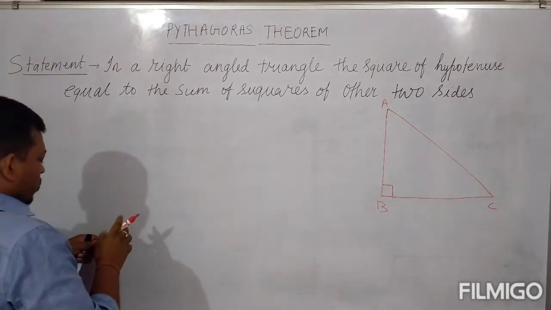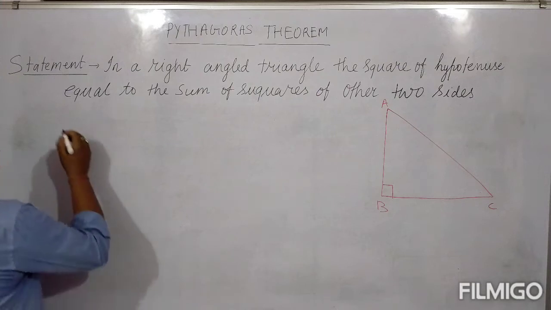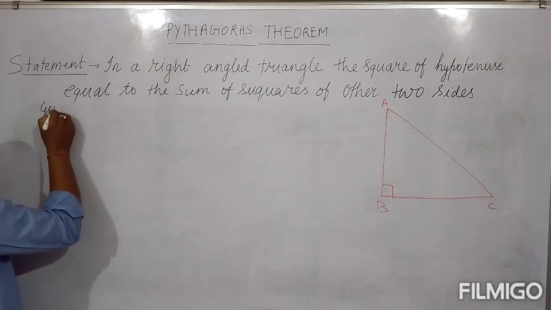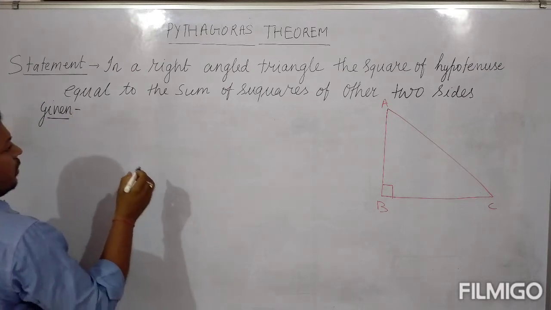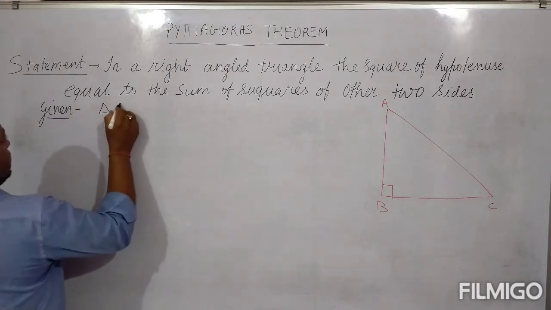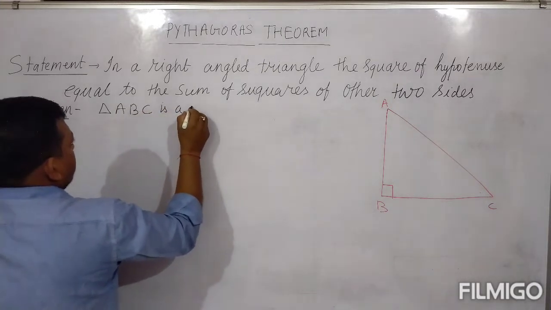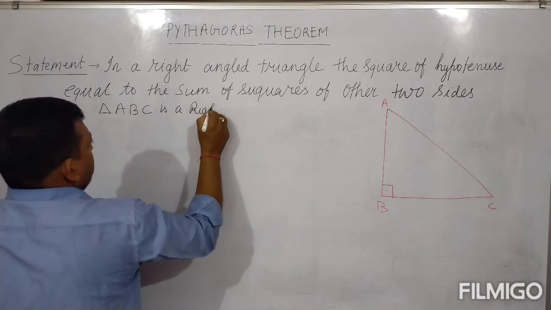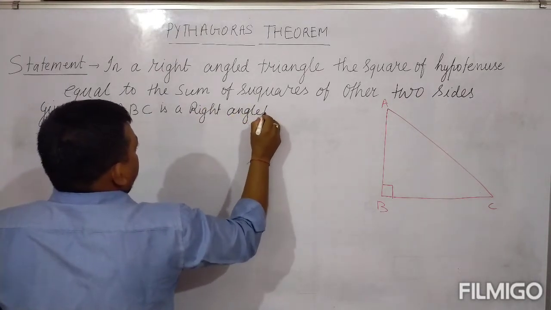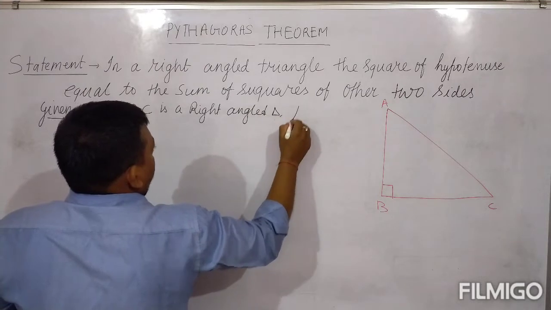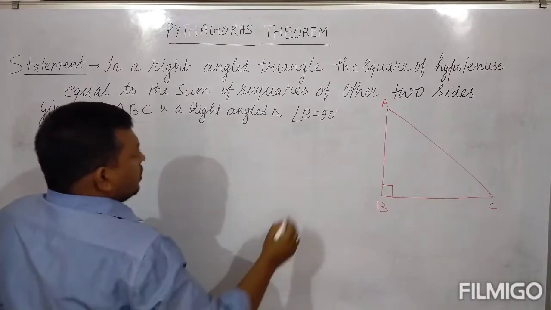So what is given here? Given that triangle ABC is a right angle triangle in which angle B is equal to 90 degrees. This is given.